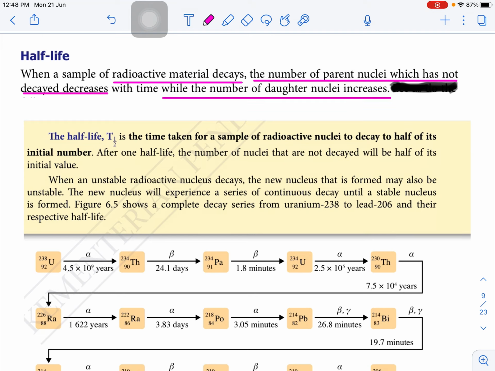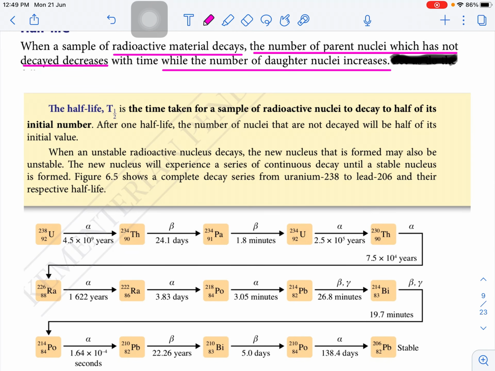The daughter nuclei is the new element produced from the radioactive decay. The parent nuclei is the element before the radioactive decay. So the parent nuclei that has not decayed will decrease with time, while the daughter nuclei will increase with time.